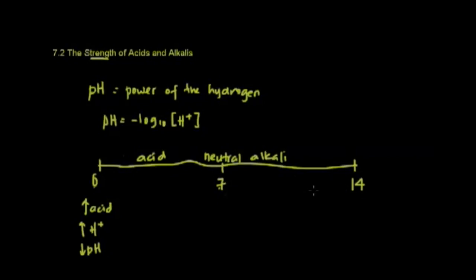Alright, the higher the number, the more alkaline the solution is and the more hydroxide ions it contains. So when the scale goes towards pH 14, then it shows us more alkaline. More alkaline means more OH minus ion, and what we can see from the value of pH is a higher pH value.